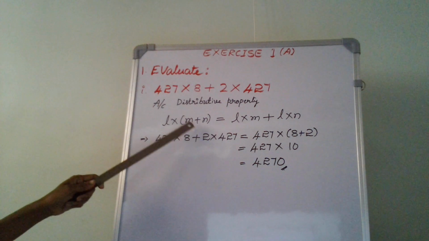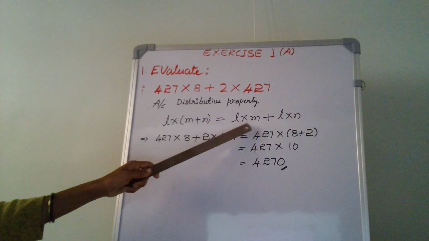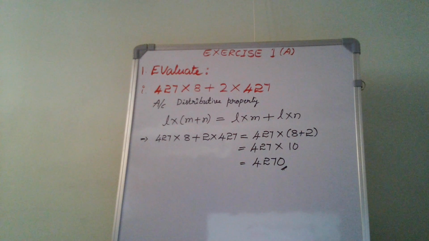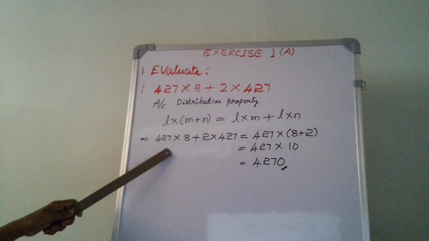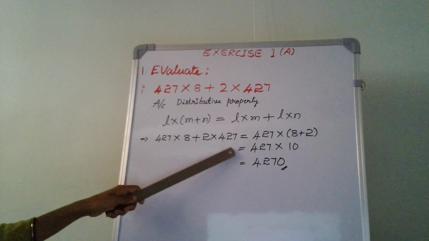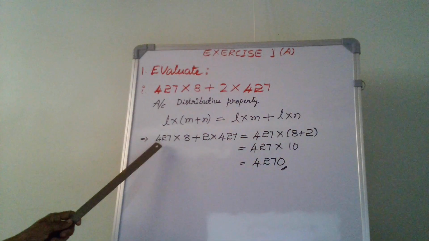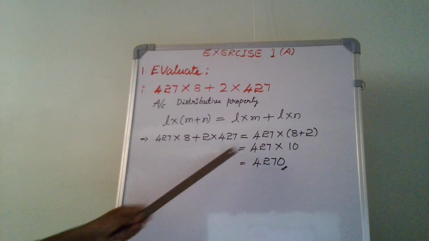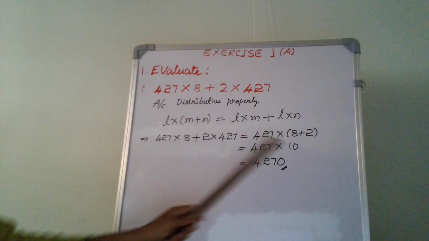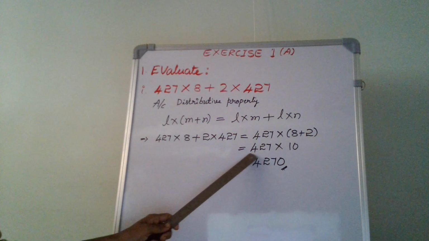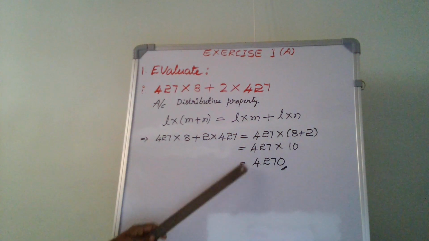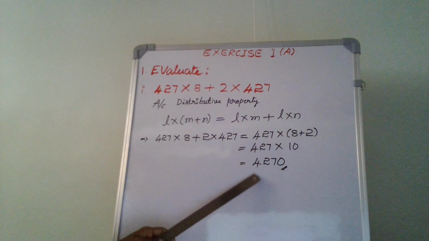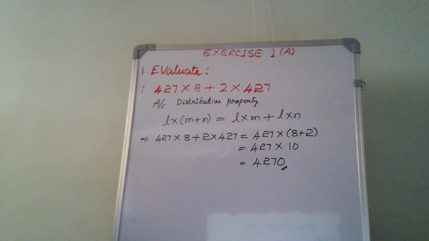L into M plus N is equal to L into M plus L into N. So write down the problem as it is, 427 into 8 plus 2 into 427, which is equal to, take 427 as a common factor, then the remaining is 8 plus 2, write it as it is. So 427 into 8 plus 2 is 10. So 427 into 10 is equal to 4270 as the answer. Understand?